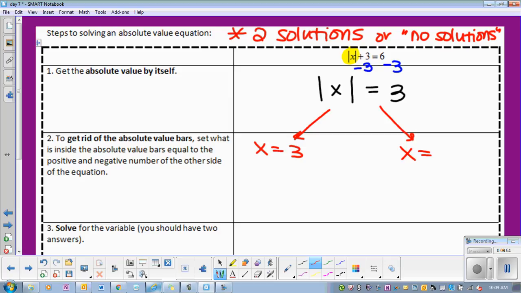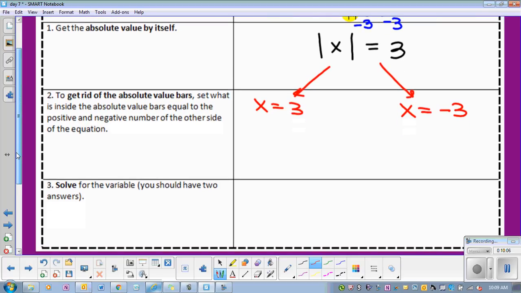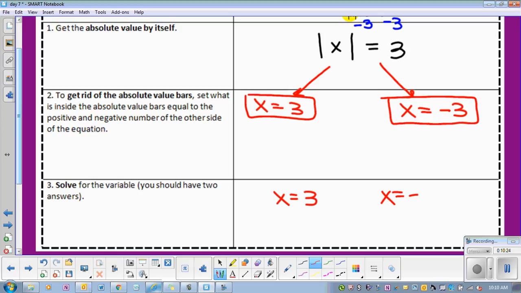It's x equals, instead of a positive 3, you're going to have a what? Negative 3. Good job. And if we had to solve some more, we would. But there's nothing else to solve because they told us x equals 3 or x equals negative 3, right? So that's our answer: x equals 3 or x equals negative 3.